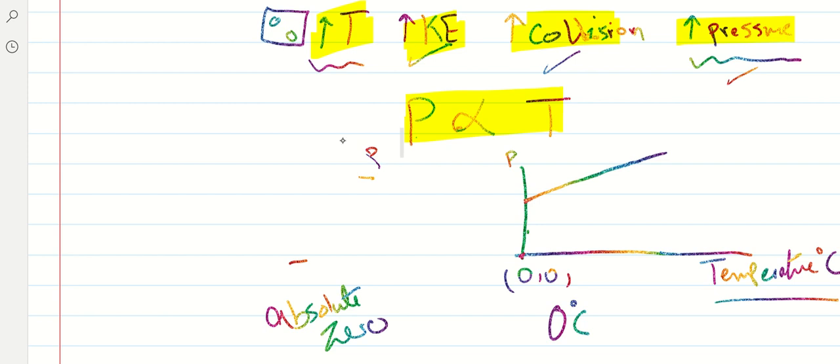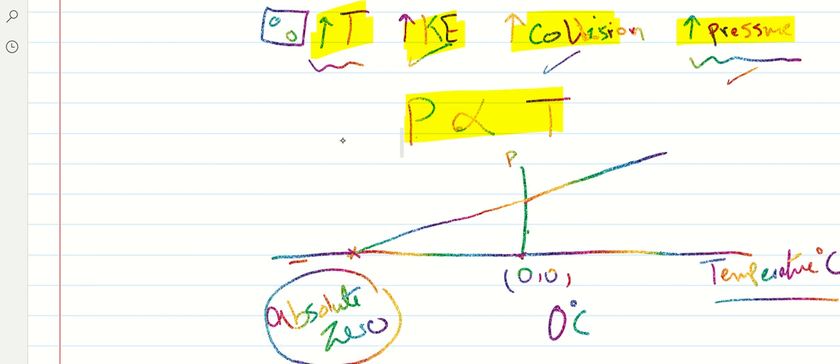Okay, so what do we have to do now? Let's decrease the temperature more, so the pressure will decrease more. Decrease the temperature, so the pressure will decrease until we reach a point that we call absolute 0. This absolute 0 is equal to minus 273 degrees Celsius.